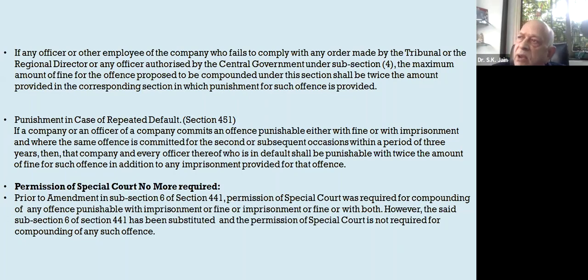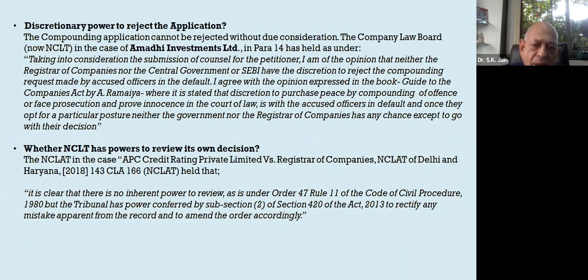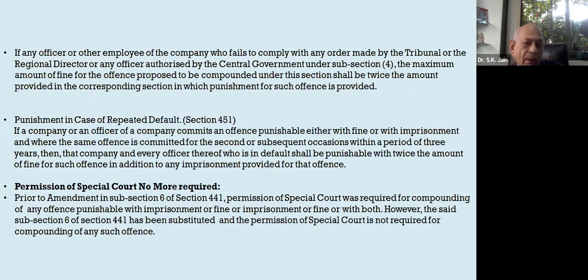So the words used are fine or imprisonment, so apart from fine, punishment by way of imprisonment can also be awarded. Permission of special court is no more required. I have explained that this requirement has been dispensed with under subsection 6 of section 441.